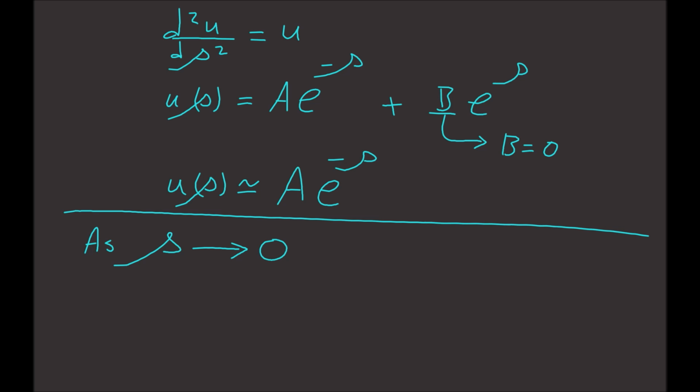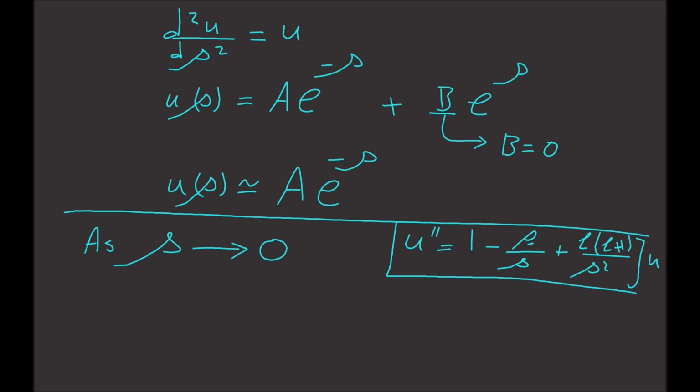As rho approaches 0, let's take a look at equation number 21. I'm going to put it here in the box. We have the second derivative, u double prime, equals 1 minus rho naught divided by rho plus L times L plus 1 divided by rho squared, times u. This is equation number 21. As rho goes to 0, the third term is going to dominate, correct?